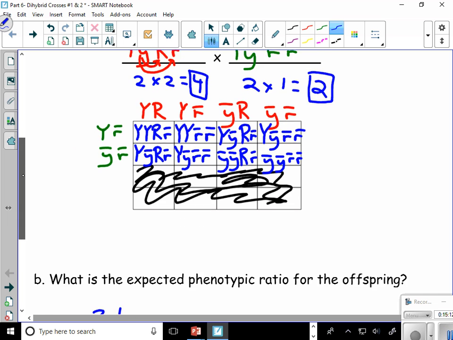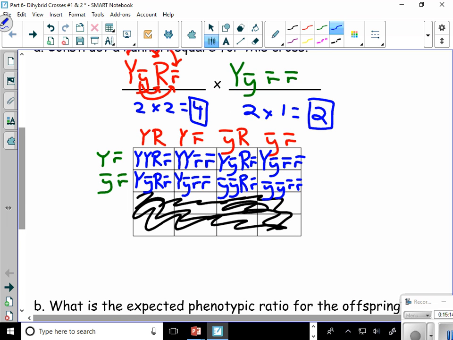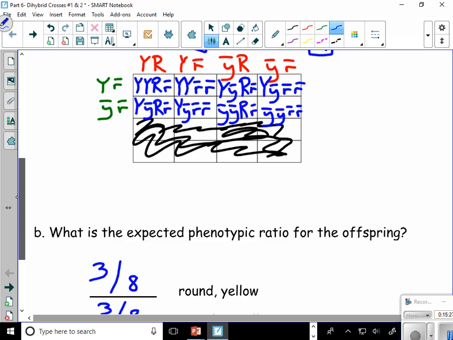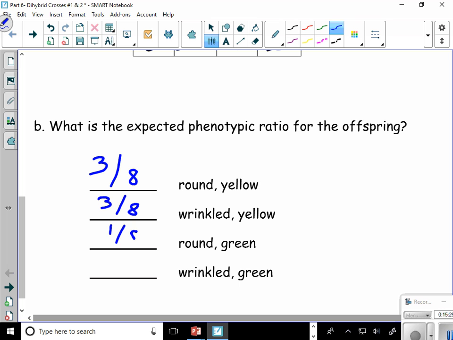How many round green do I have? Okay. Round green is going to be little y, little y with a capital R, right? How many do I have? 1 out of 8. How many wrinkled green? 1 out of 8.